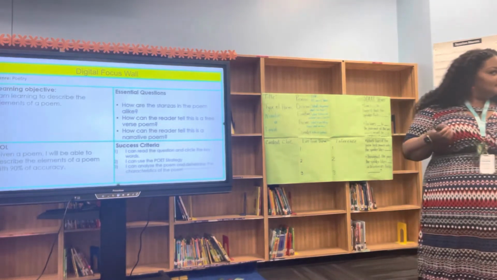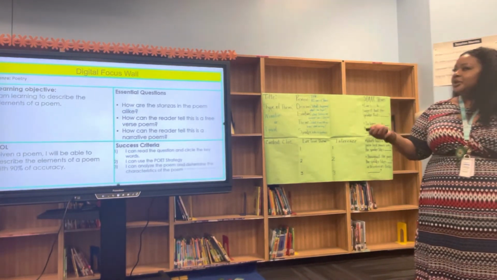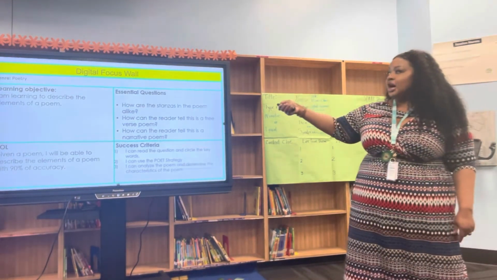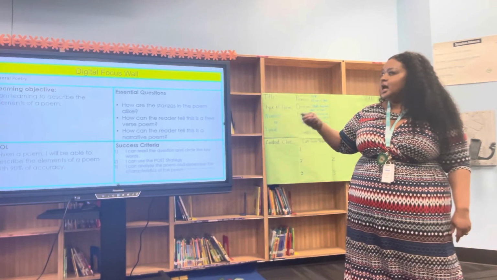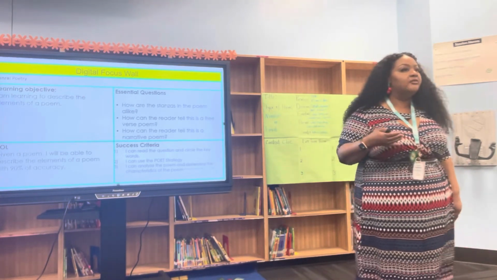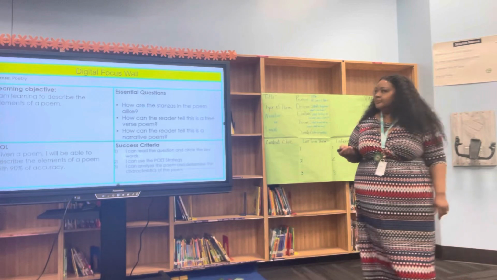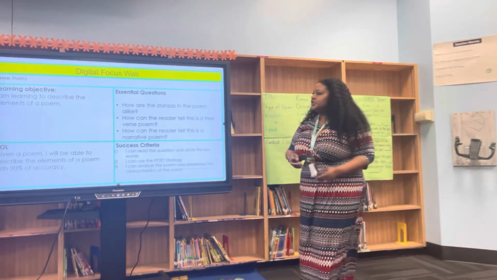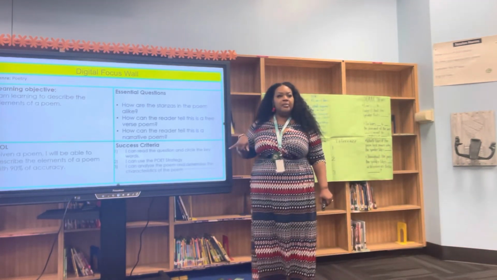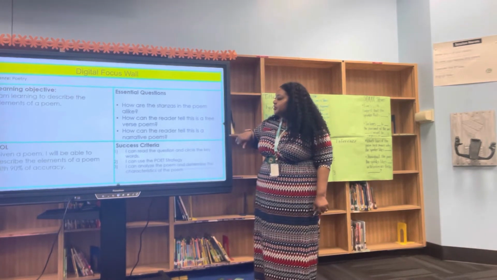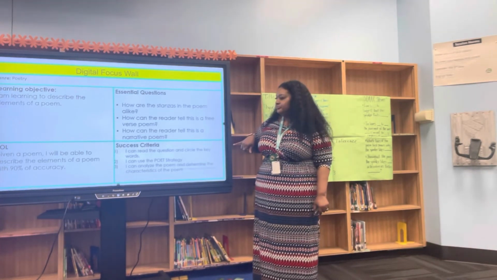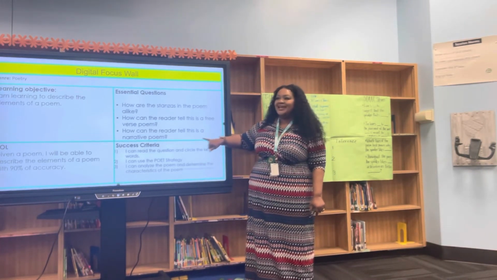Check that out. And what do you see? Genre: poetry. I'm learning to describe the elements of a poem from the basic Monday. Essential questions: How are the stanzas in the poem alike? How can the reader tell that this is a free verse poem? How can the reader tell this is a narrative poem?